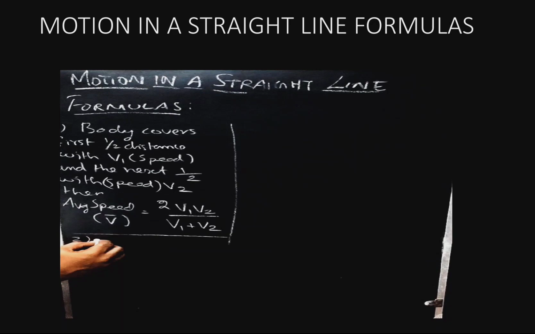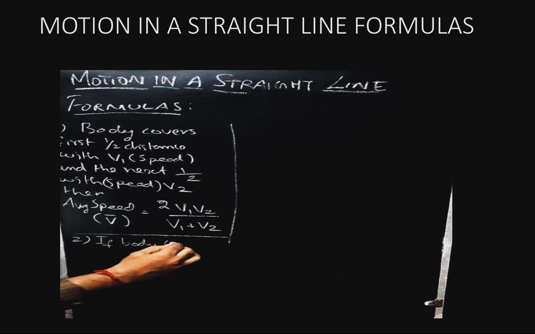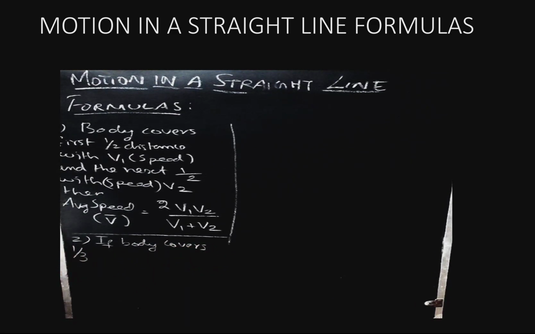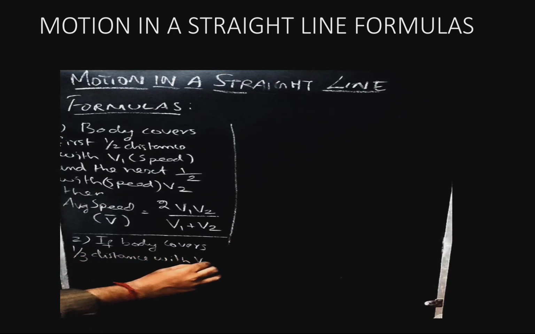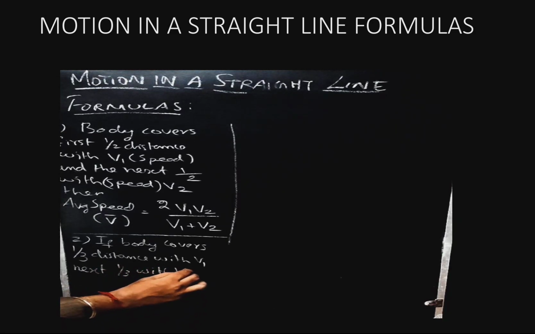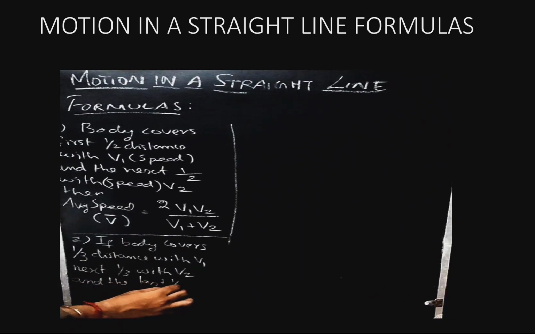The next formula is, if the body covers 1/3 distance in the first part with velocity v1, and another 1/3 with velocity v2, and then the third part 1/3 with the velocity v3.